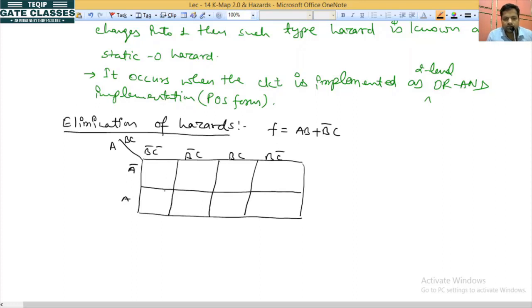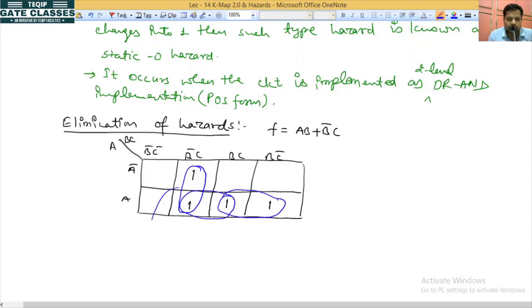I want AB: A from here, B from here, so it will be AB. Again A from here, B from here, so it will also be AB. Now B bar C is this one. Now I am going to group. This is one group, this is the second group, and this one is the third group.